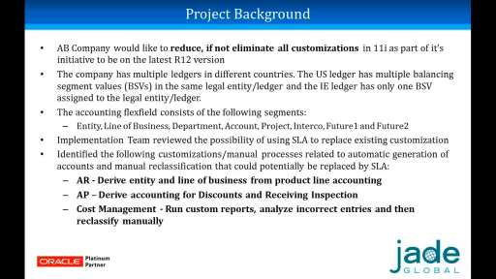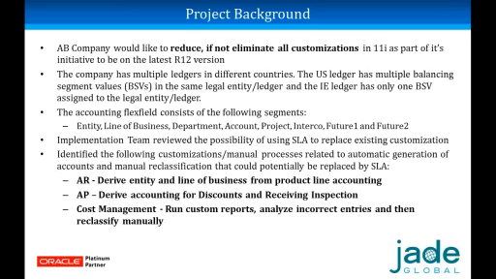The US ledger has multiple balancing segment values or company codes in the same legal entity or ledger. And IE, which is the Ireland ledger, has only one balancing segment value assigned to the legal entity or ledger. The accounting flex field consists of the following segments: entity, line of business, department, account, project, intercompany, feature 1, and feature 2.